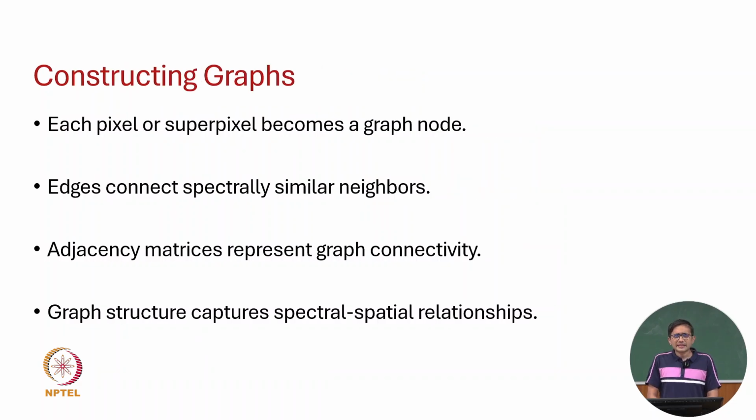Again, GNN is something that we will not go into depth on in this particular course. If you are interested, you can refer to one of the deep learning courses or books. However, what's interesting for us at this point is how we construct a graph out of the hyperspectral image, especially considering this problem scenario where some of the pixels are labeled. We can treat the pixel or the superpixel as a graph node, as I already mentioned, and the edges connect the spectrally similar neighbors.